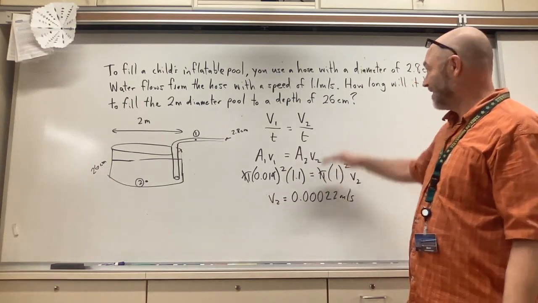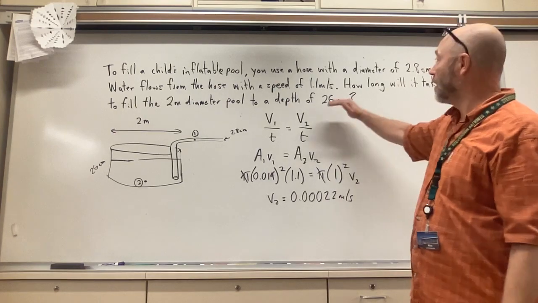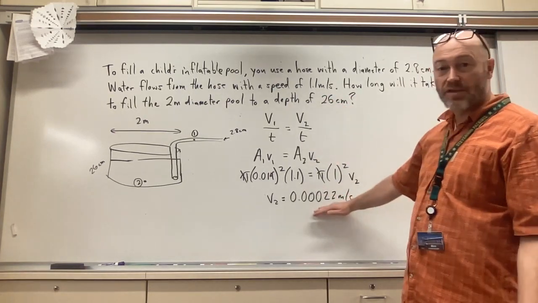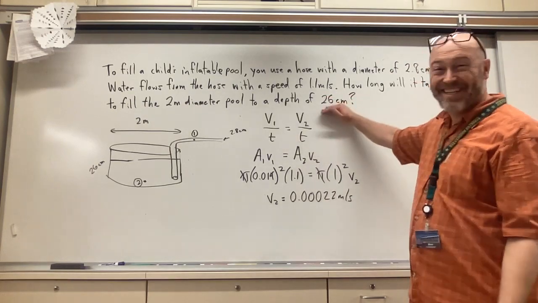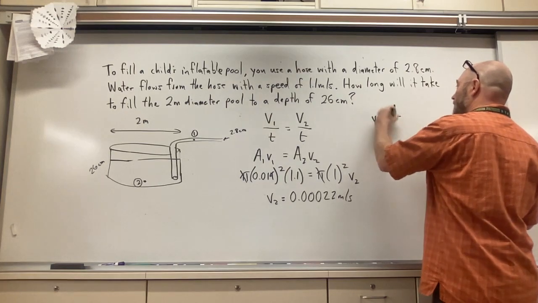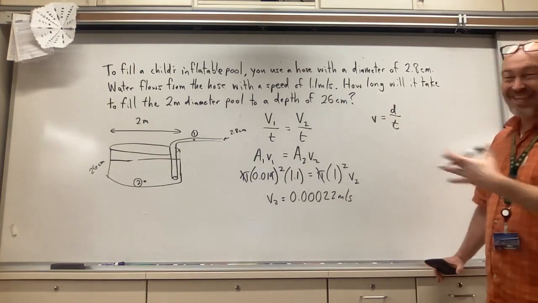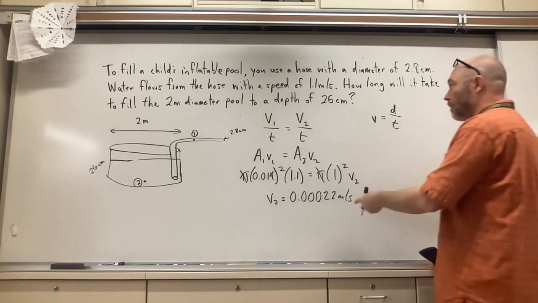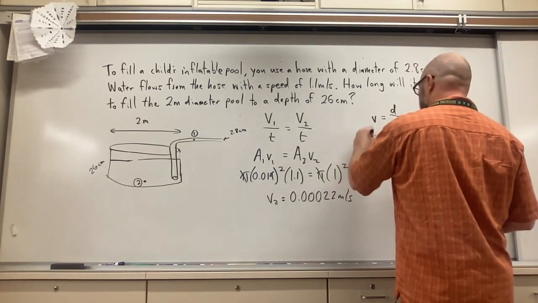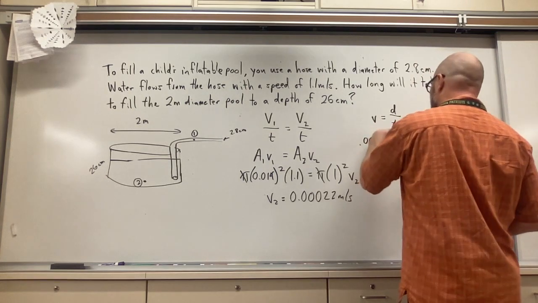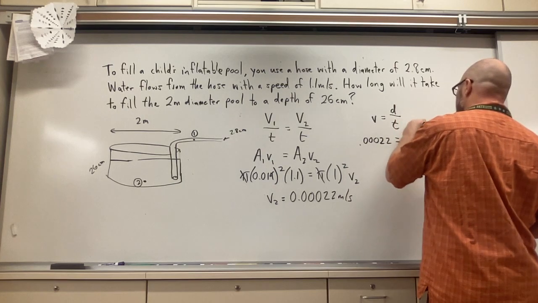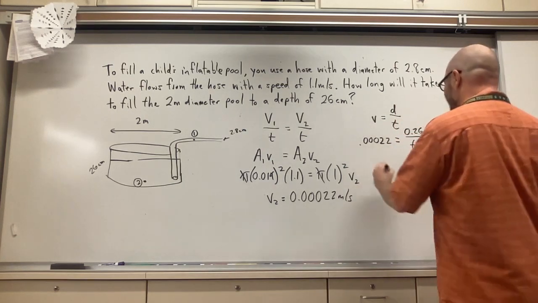But I'm not done yet. I want to fill it to a depth of 26 centimeters. So if I know the speed and I know the distance, then really all I have to use is this amazing equation, v equals d over t, and then I can solve for stuff. So if you take a look, I know this is 0.00022. My depth is 0.26, and I gotta solve for my time.